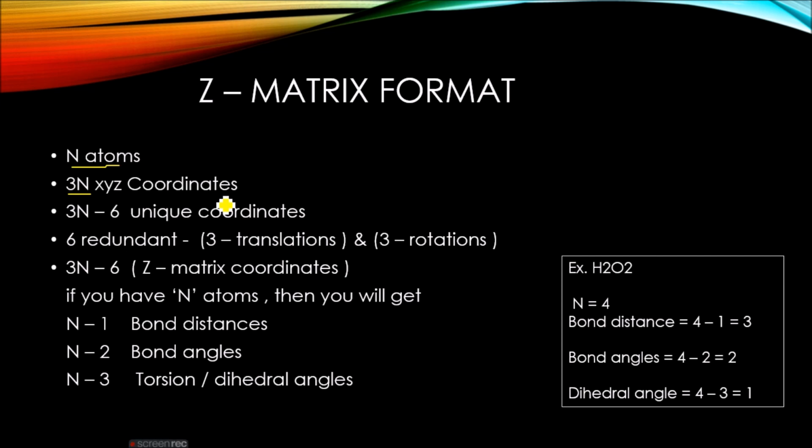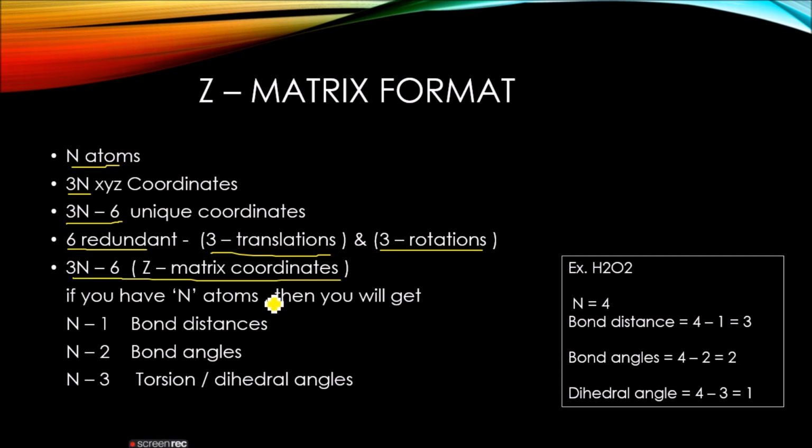The unique coordinates number 3n minus 6. What does this 6 correspond to? The 6 redundant ones correspond to 3 translational and 3 rotational motions. These are subtracted and the internal degrees of freedom are obtained. This 3n minus 6 is used in order to construct your Z matrix coordinates.